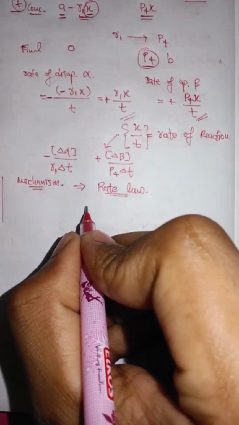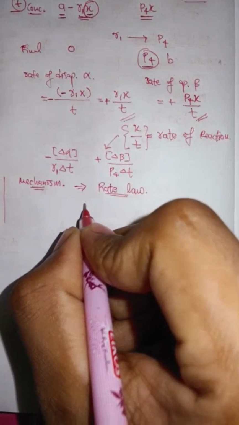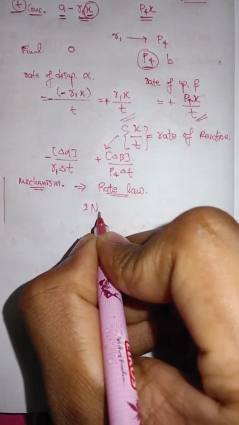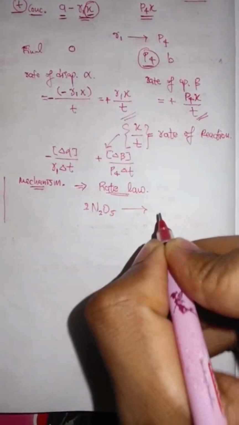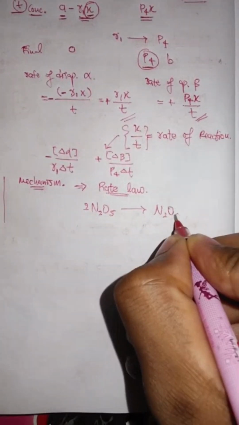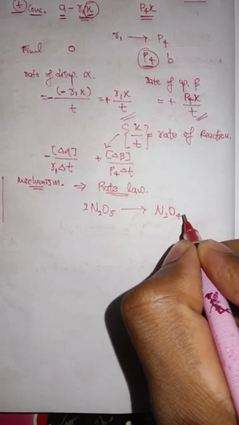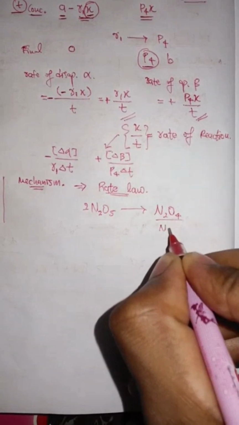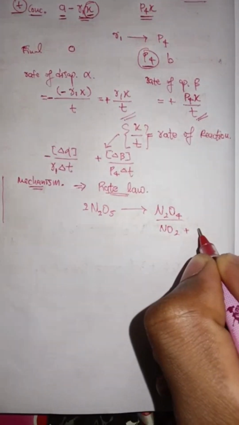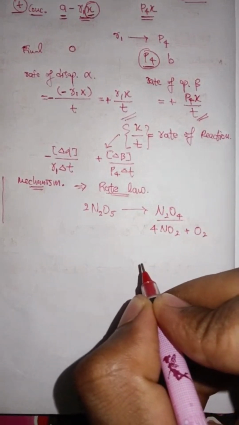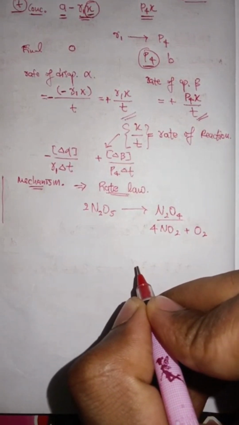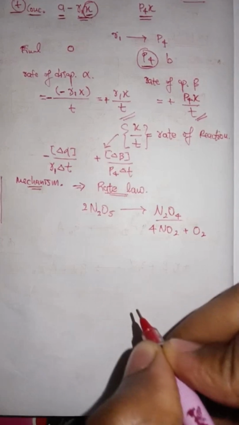I will take an example equation which is most often used to express the rate law: N2O5 gives rise to NO2 plus O2. This is the most familiar equation when we express the rate law.